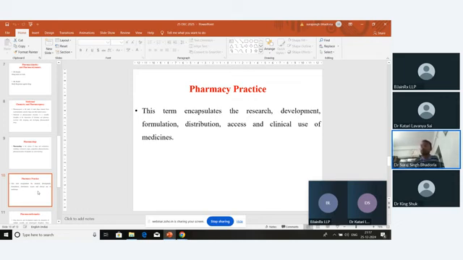तो हम फार्मेसी प्रैक्टिस में अगर एडवांसमेंट की बात करें, तो विद द हेल्प ऑफ आर्टिफिशियल इंटेलिजेंस, with the help of various AI tools, we can propagate our pharmacy in the right direction.